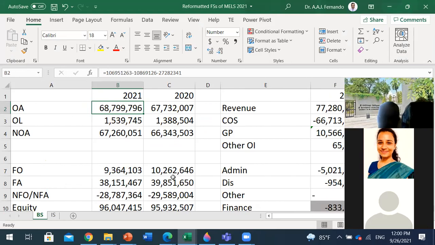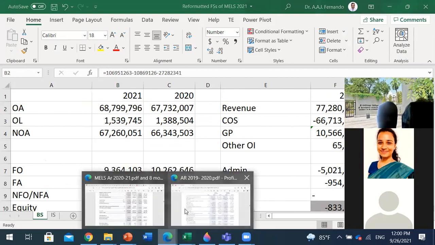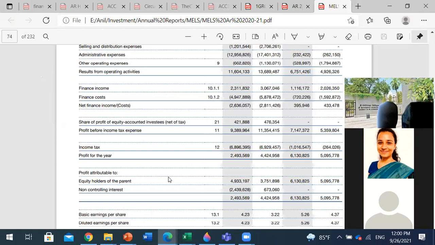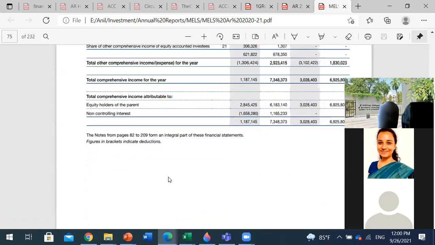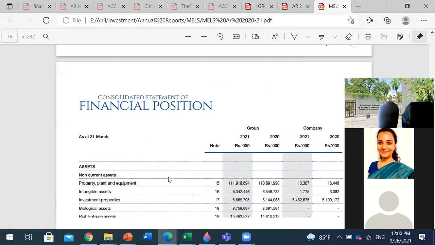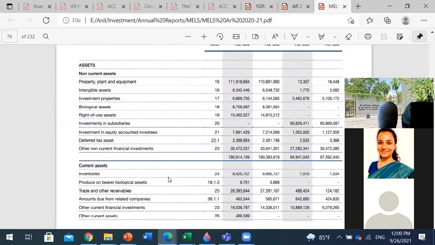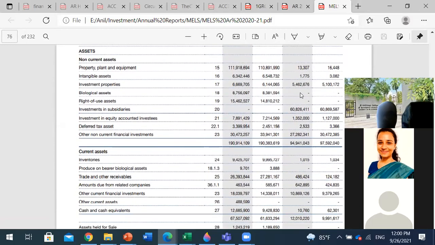How did I get them? For the 2021 financial position, just go to the company column. All the items shown under the non-current assets look to be operating. Have a look. Therefore, what I did was I took this number, 94.